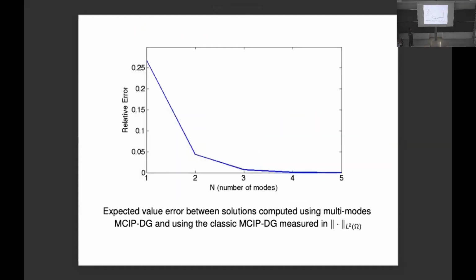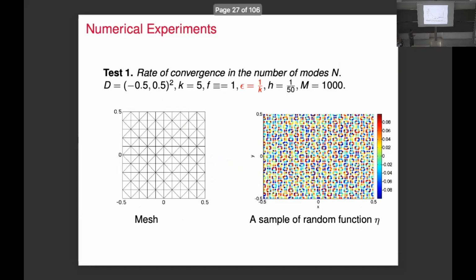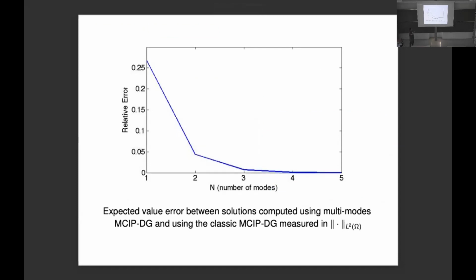This shows the relative error in terms of the number of modes n we need, with epsilon being 1 over k, and k is 5. In that situation, you only need about 4 modes. Good enough.